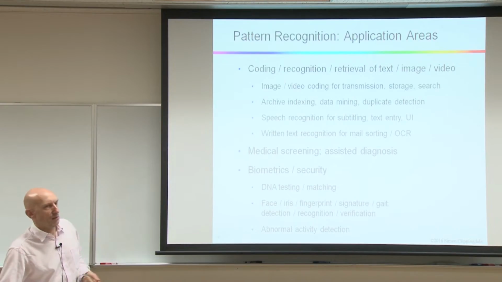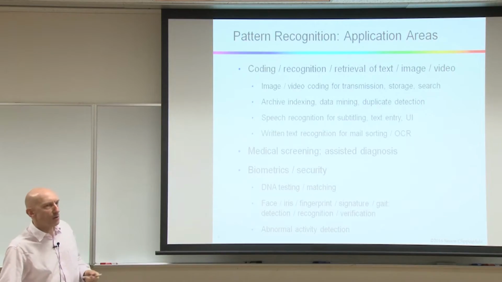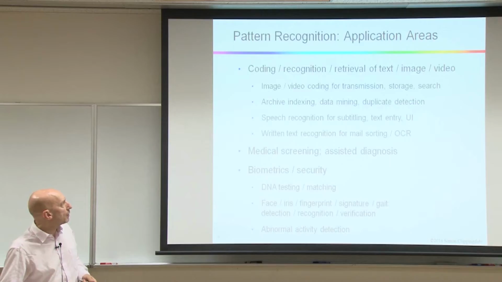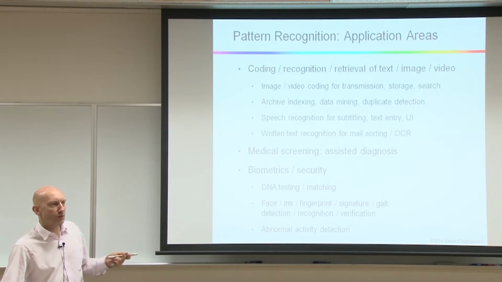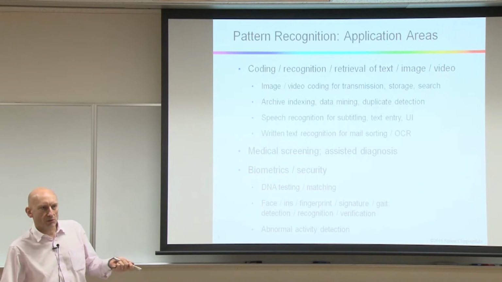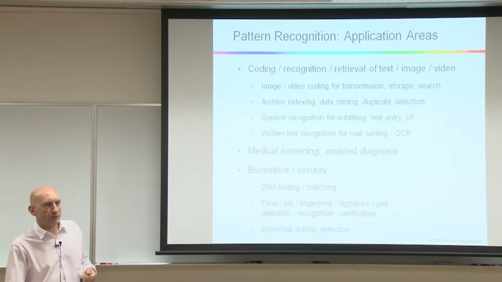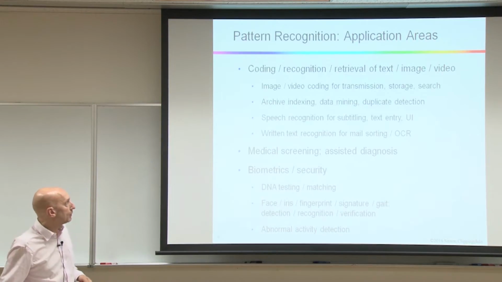Archive indexing. NHK is quite keen on this because NHK has a lot of video archives of past programs. And right now, if some famous politician dies, for example, and they want to make a news story about it, somebody has to go through the archives and essentially look through all the tapes.